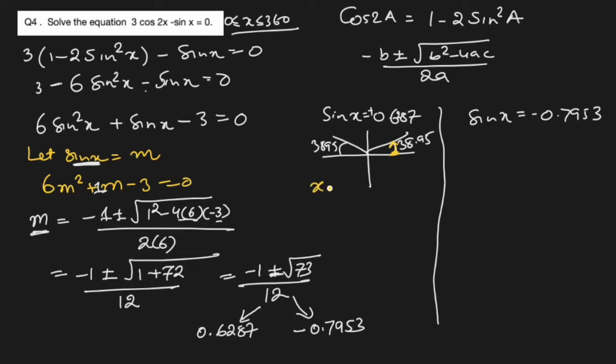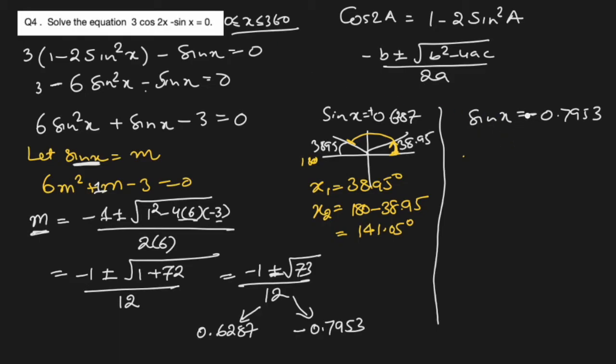So x1, let's call it x1, is 38.95 degrees. x2 will be again starting from 0 but reaching this line this time, which is 180 degrees minus 38.95, which will be 141.05 degrees.